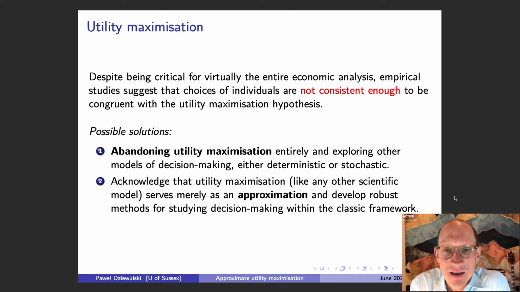Based on this observation, we may try and come up with methods that are a bit more flexible and may allow us to study utility maximization, even if the data isn't fully consistent with this hypothesis. And given the title of this presentation, you probably expect that this is exactly where I'm going.